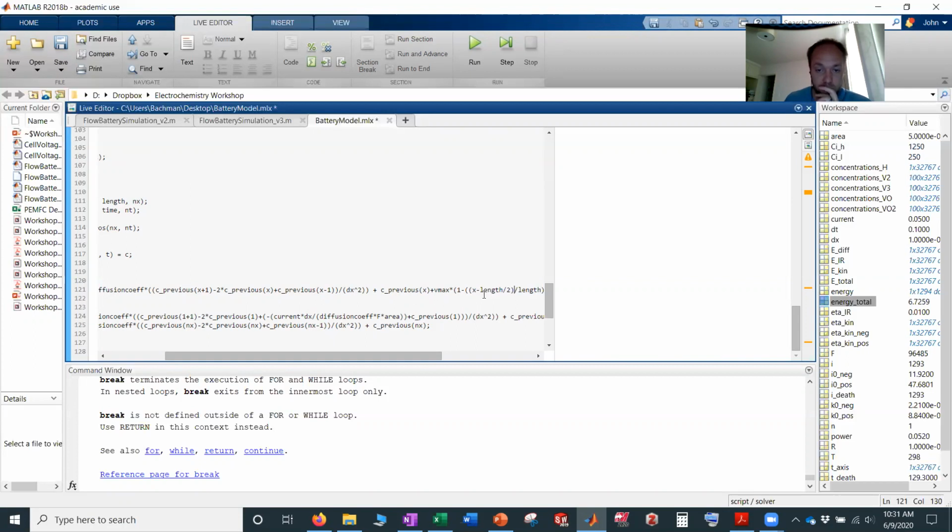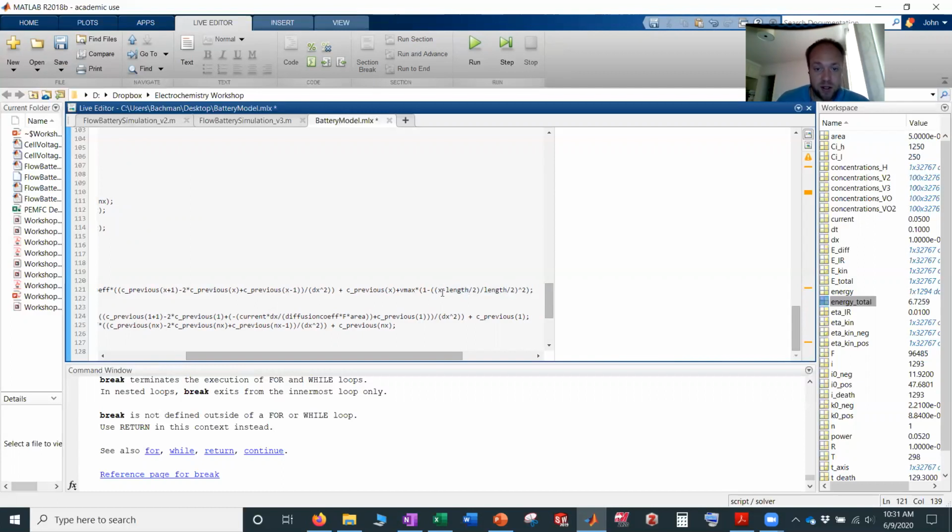So that'll put this term to 0, and we'll get the full V max. So x minus length over 2, and then it should go to 0 at the edges. So if x goes to 0, you have length over 2, so we should have a length over 2 here.